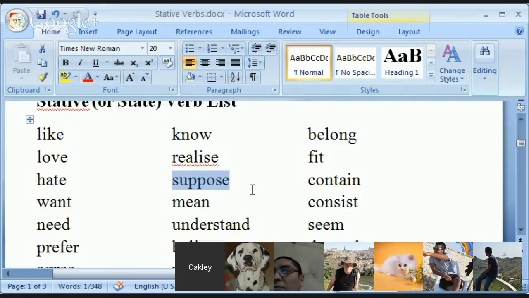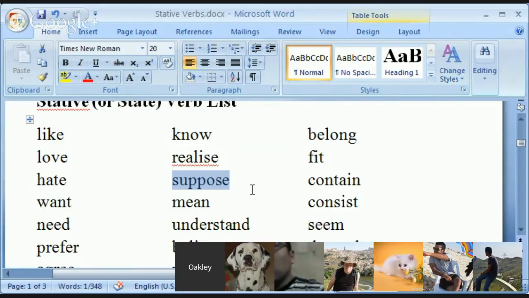I think it's stative. I think so, as far as I know. I was supposing. No, I suppose. Yeah, I agree. I can't think of how you could use this in a dynamic way.